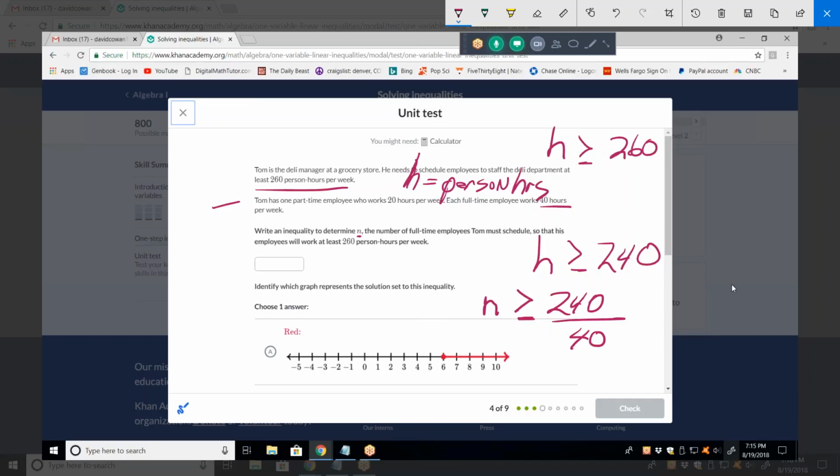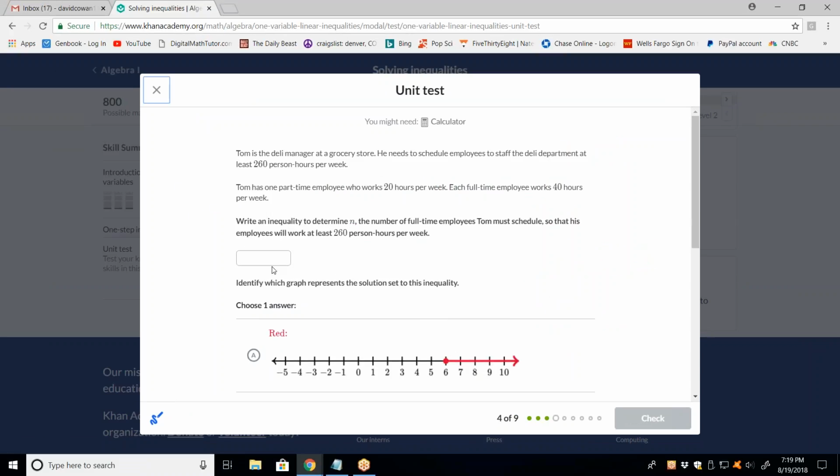Well, I can see right away that A looks like it's going to be the graphical answer. The question is, yeah, no, I think this is going to be right. N is greater than or equal to 6. Okay.